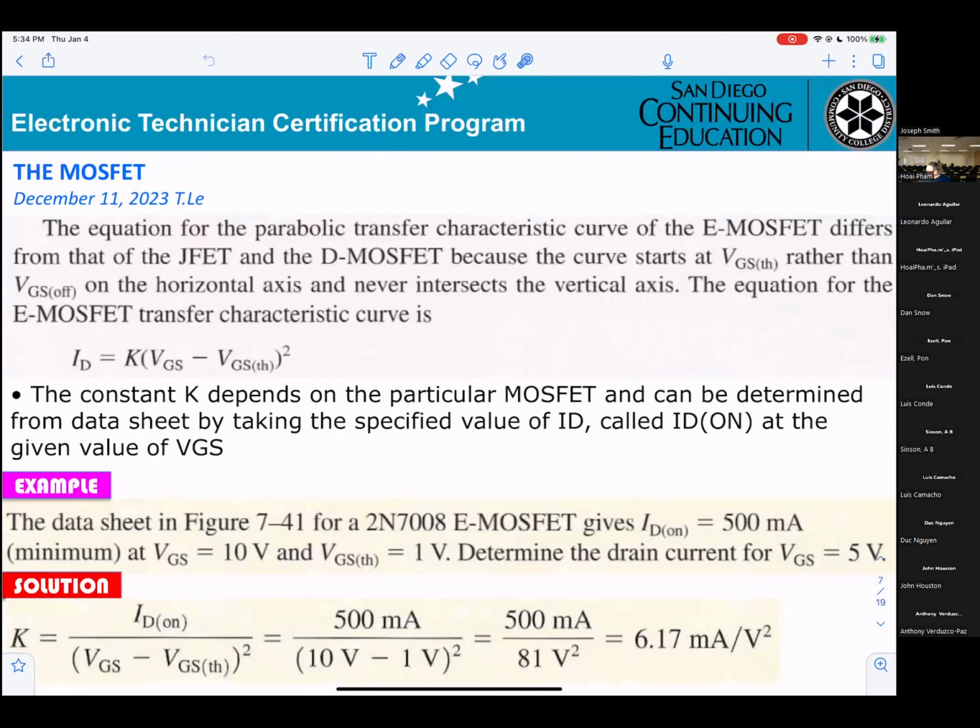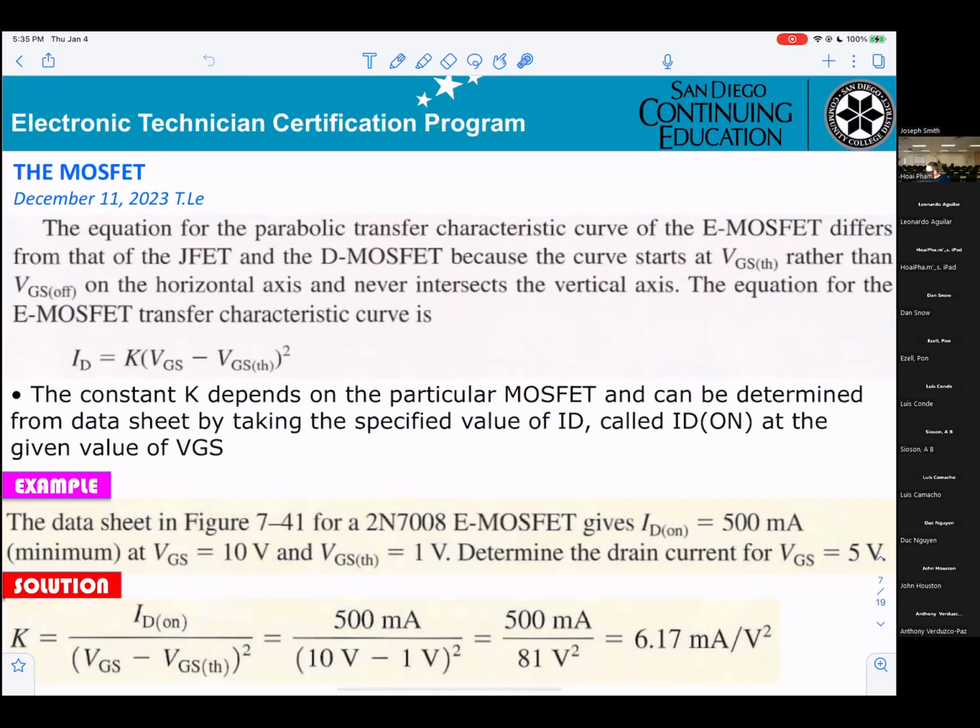Now the equation for the parabolic transfer characteristic curve of the E MOSFET differs from that of the JFET and the D MOSFET, because the curve starts at VGS TH rather than VGS off on the horizontal axis and never intersects the vertical axis.